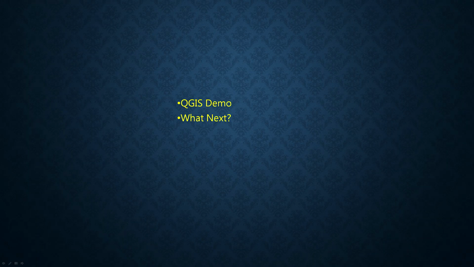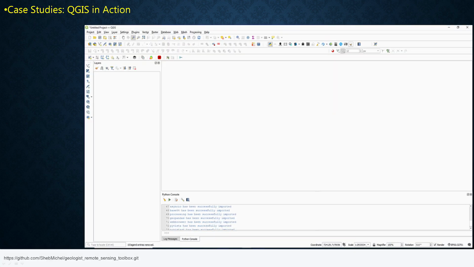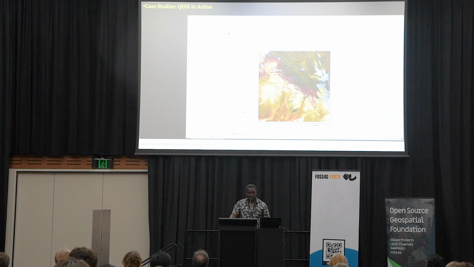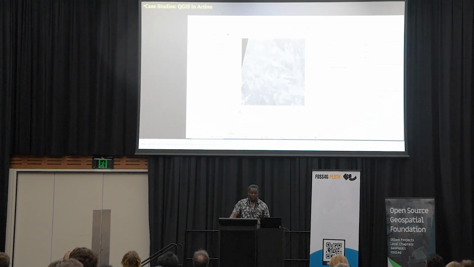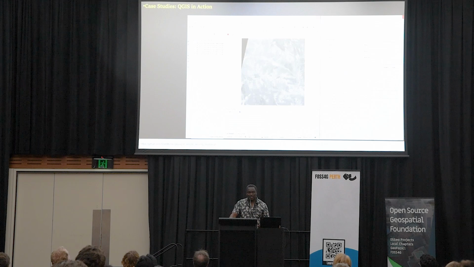So just a quick demo, and what's next if there's more interest in this space. So you can see that's the launch, and then you have the data. You load your data as in most software. At the moment we're loading the Sentinel data, and then you select the band, it does it automatically.